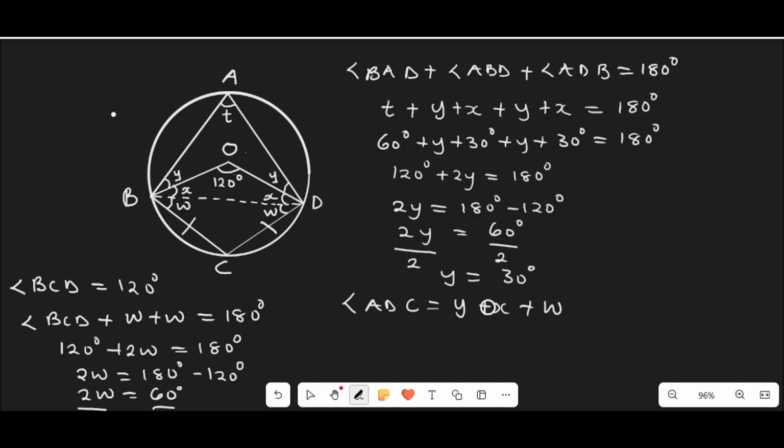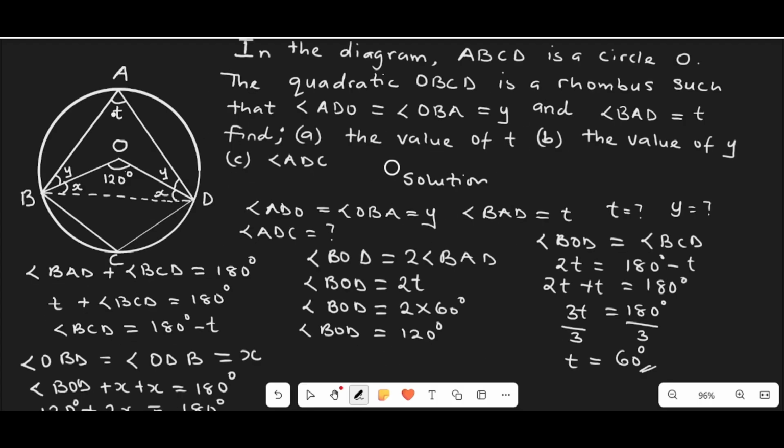So let us substitute them into this equation: angle ADC equals 30 degrees plus 30 degrees plus 30 degrees, so angle ADC equals 90 degrees. So the value of our t is 60 degrees, the value of our y is 30 degrees, and our angle ADC is 90 degrees.